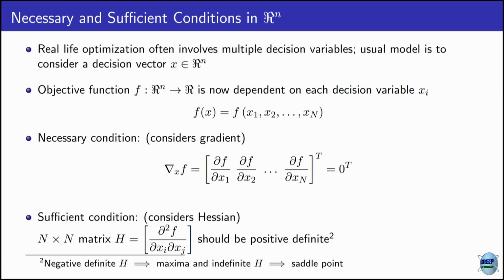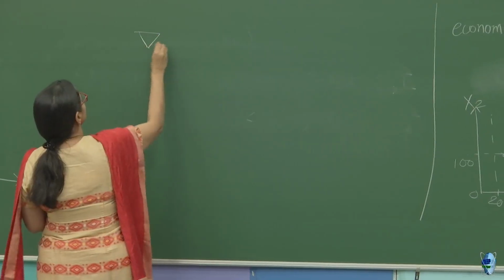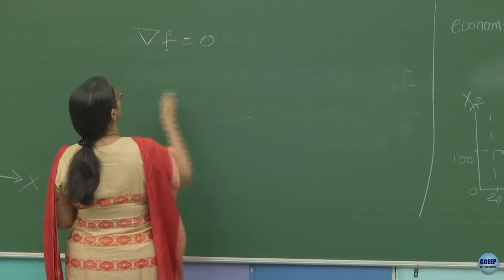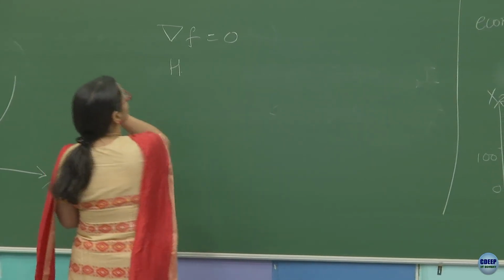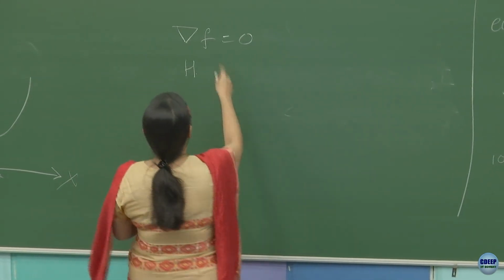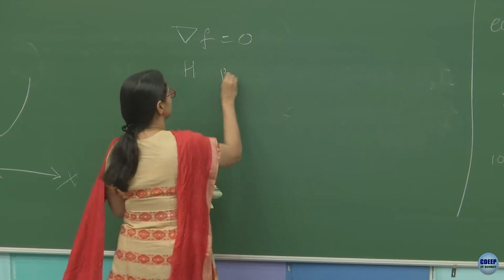So, if you have f of x, as a function of x1, x2, x3, up to xn, you want to make sure that you are at a minimum when the gradient of f is equal to 0 and the Hessian has to be a positive definite matrix.